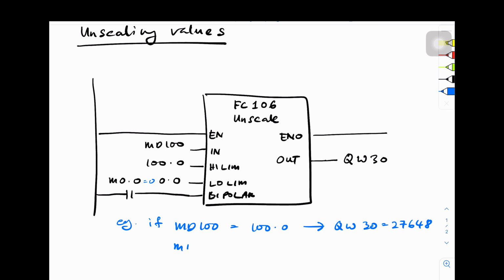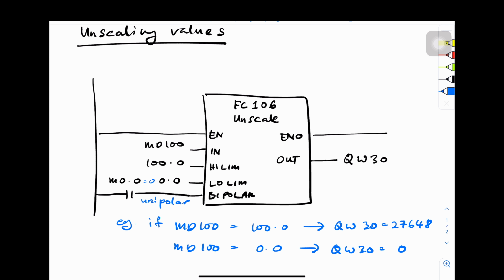If MD100 is equal to 0.0, QW30 will be 0, because the configuration is unipolar. When this terminal status is 0, the configuration is unipolar.